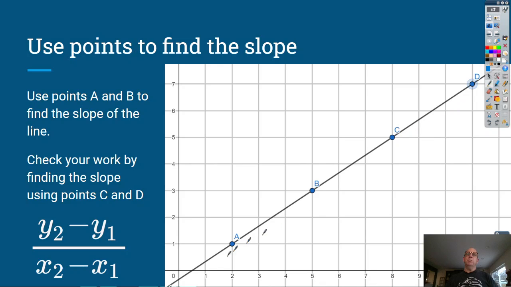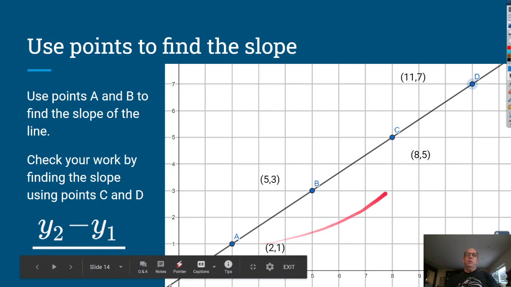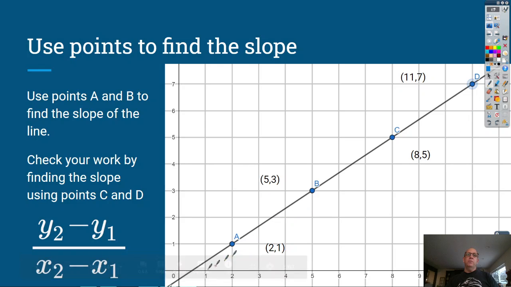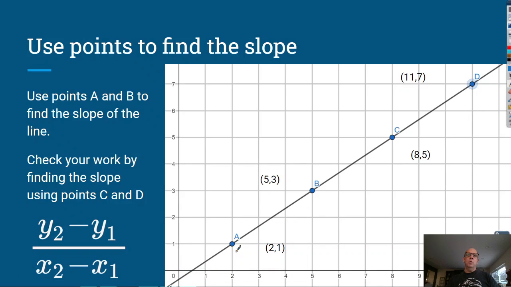And we can check this by looking at this. If I take a look at this line, I have points A, B, C, and D on there. A is 2, 1. And B is 5, 3. C is 8, 5. And D is 11, 7. So I can pick any two points on this line and use the slope formula to find the slope.